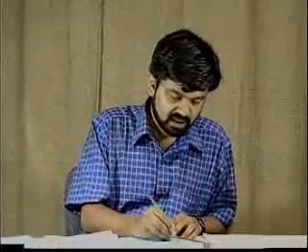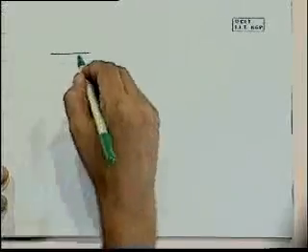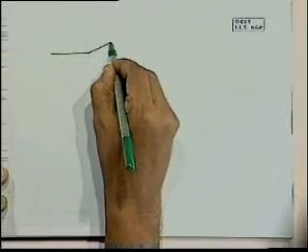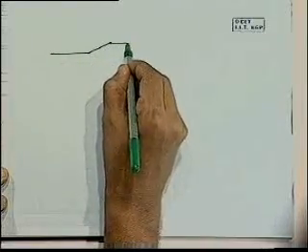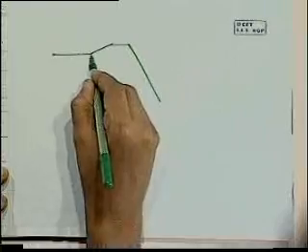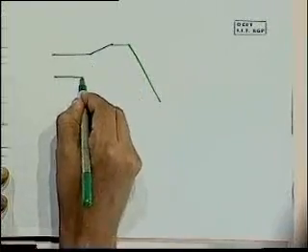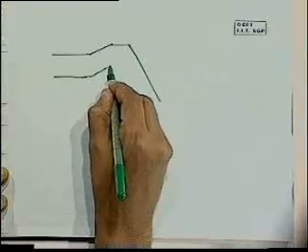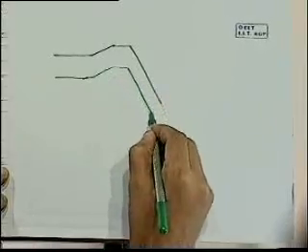So let's draw the band picture for this one after it has been biased, and in this case it's going to look something like this. As usual, my drawings are not the best, but they will serve.